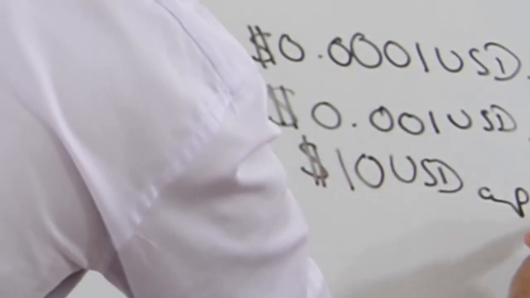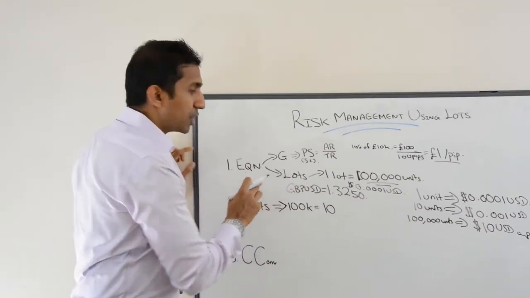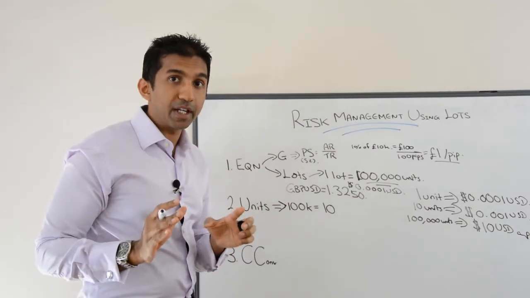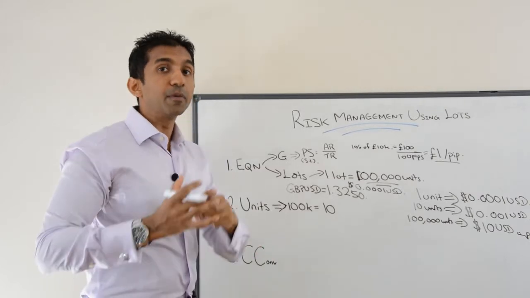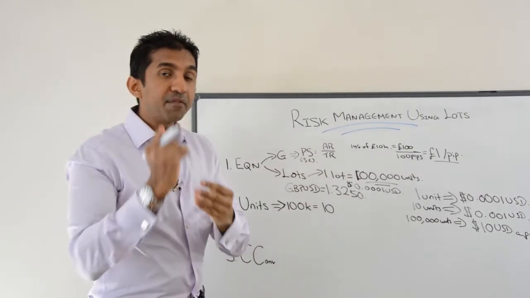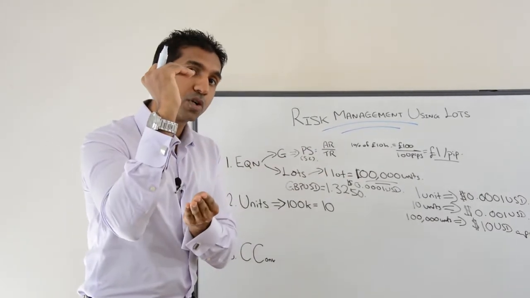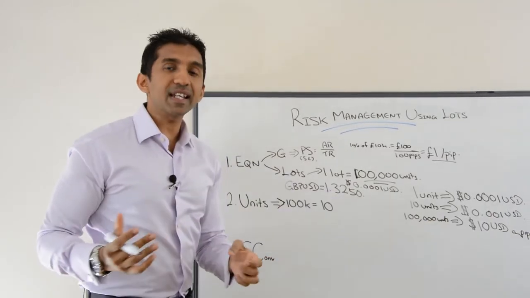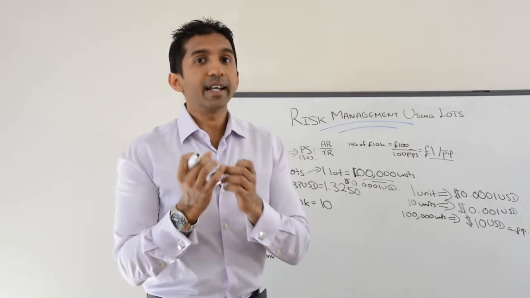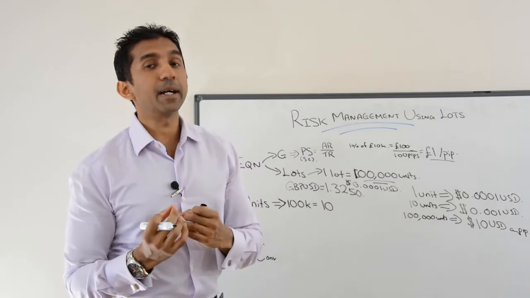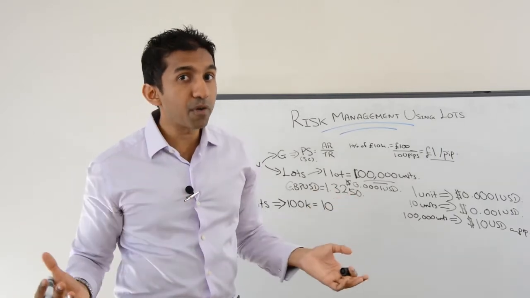That means all I'm saying is that you've bought 1 unit of cable, you've bought just cable alone, okay? But if you bought 100,000 units of it, every time it just moves by 1 pip alone, you're making $10. It's like saying, you bought that 1 apple, right? And every time it just moved by 30 pence, you're making 30 pence profit.